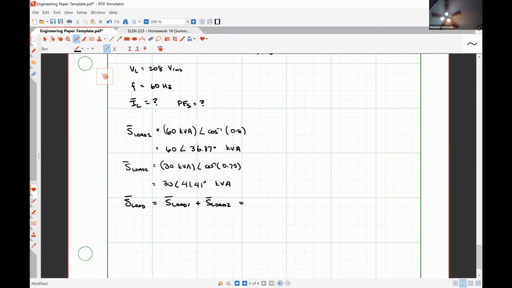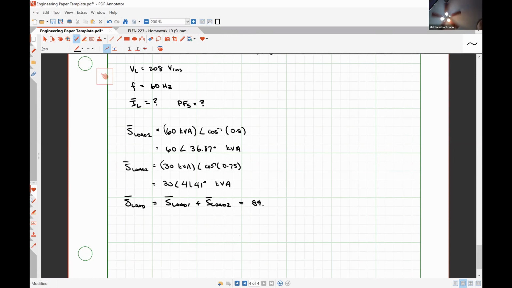So let's add those 2 things together. We're going to have 60 angle inverse cosine of 0.8, plus 30 angle inverse cosine of 0.75. I'm trying to get a fairly exact one, and I didn't bother to store the numbers.